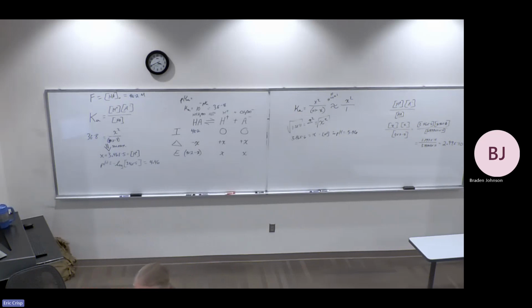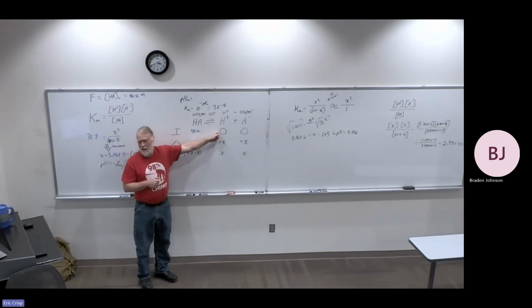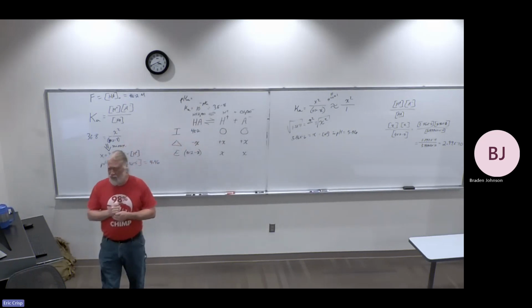Now that we're starting to check things, there's more that we should check. One of our assumptions that we made was that our pure water started with 0 H plus. Is that true? If you have pure water and you check its pH, what should it be?